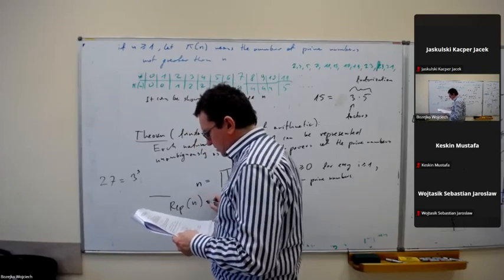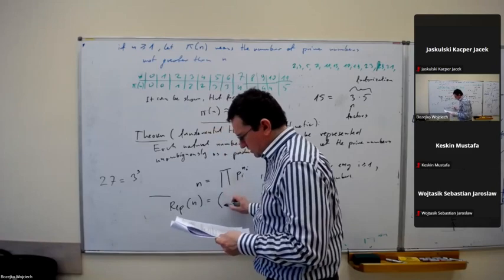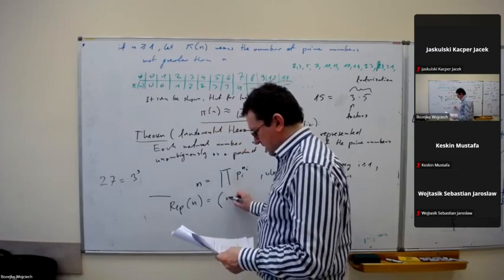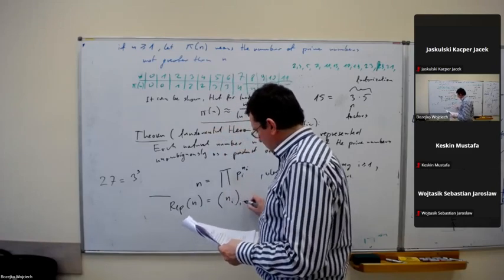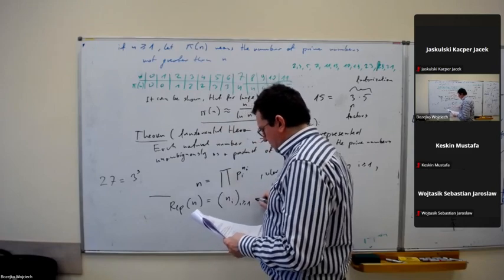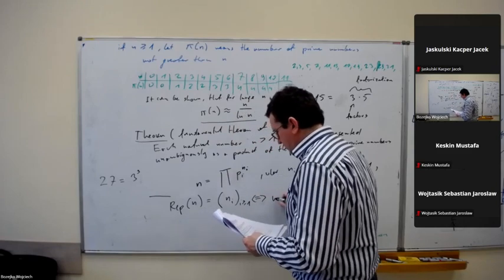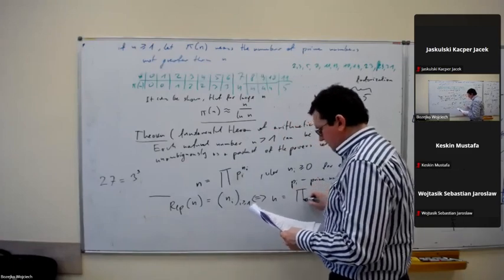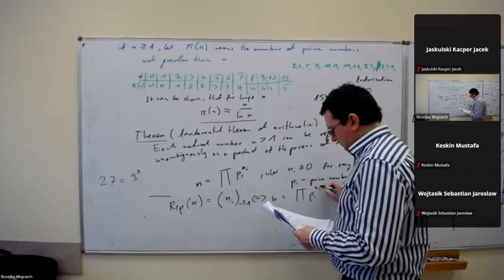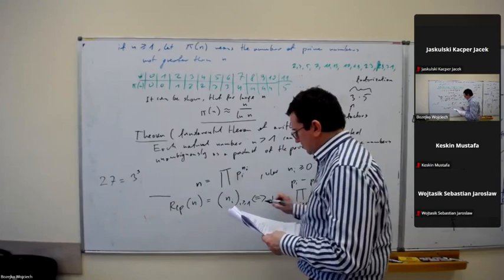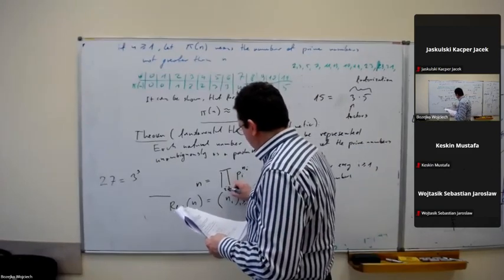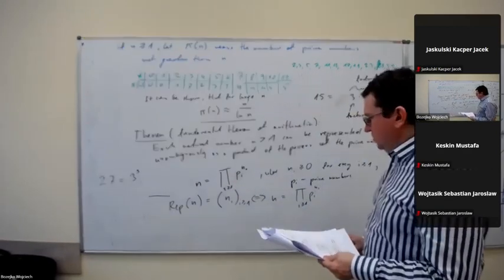So we can write this as a sequence of these powers, for i greater than 1. That means that n can be written as this product. What does it mean?